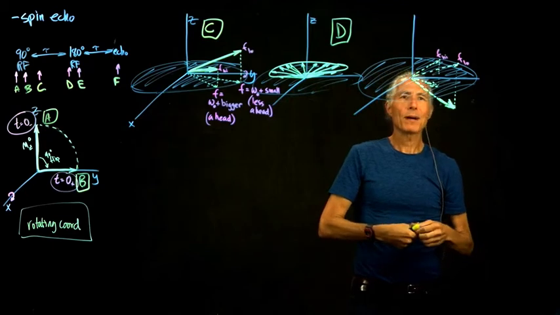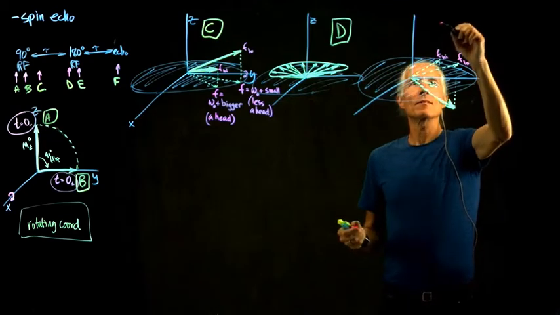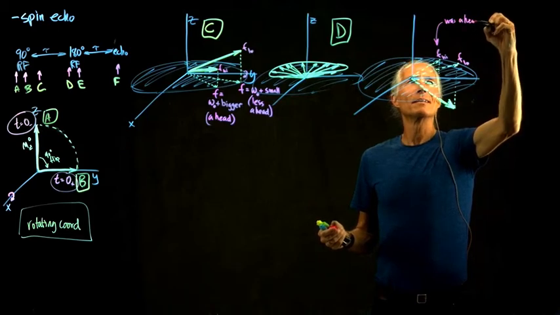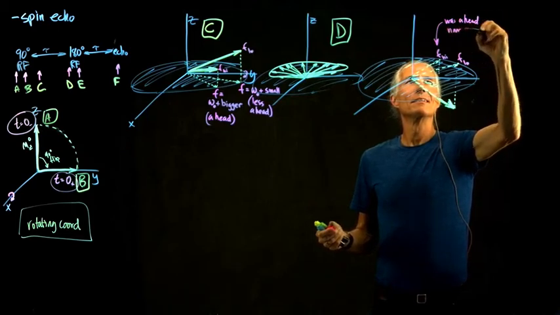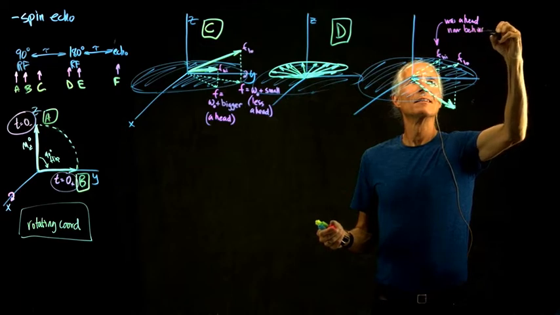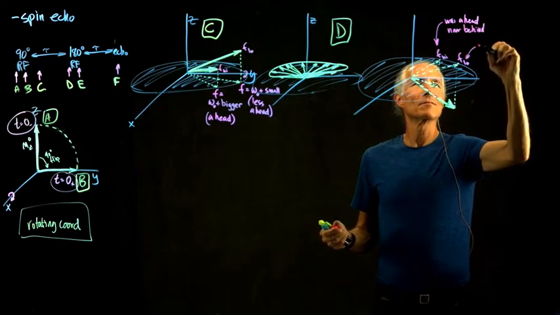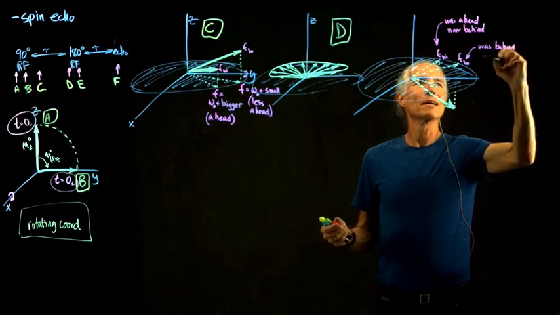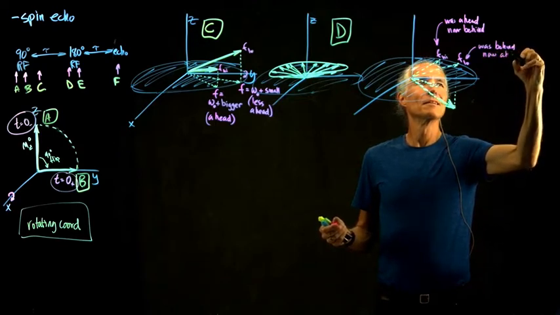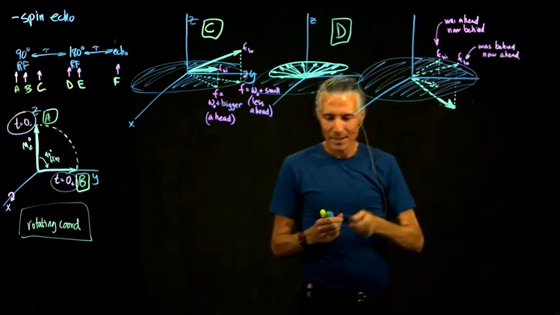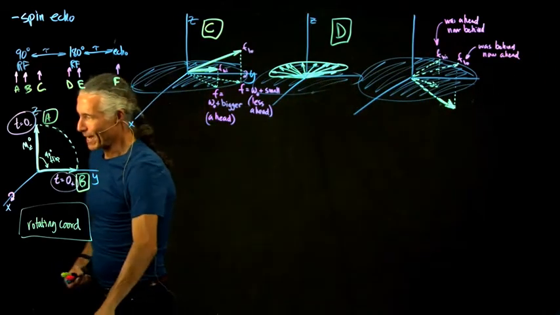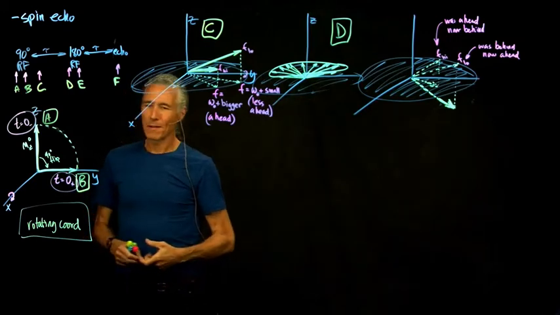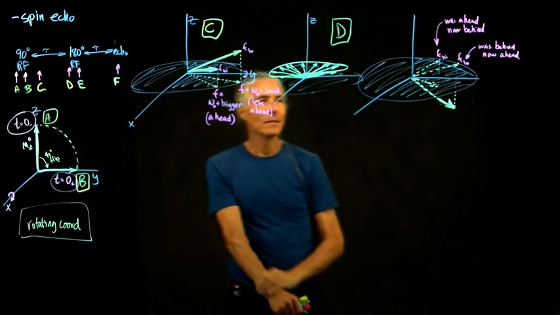So basically the bottom line is, was ahead, now behind. And this guy was behind, now ahead. So basically that's spin echo.